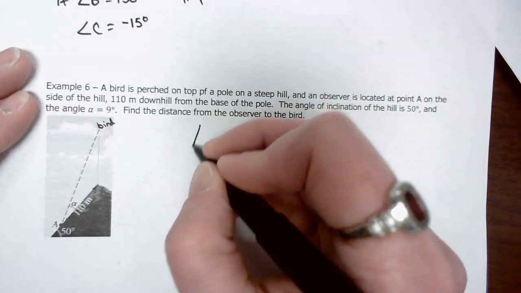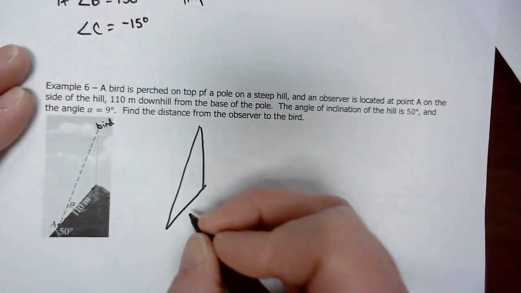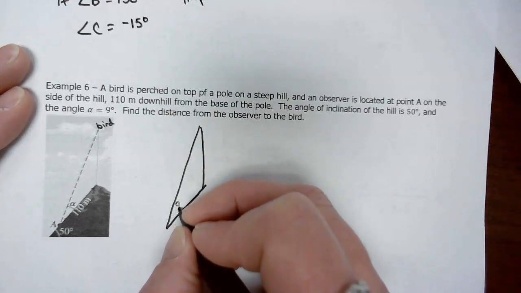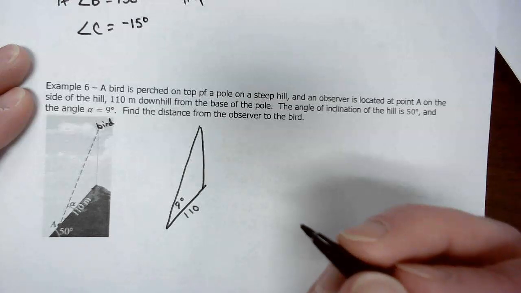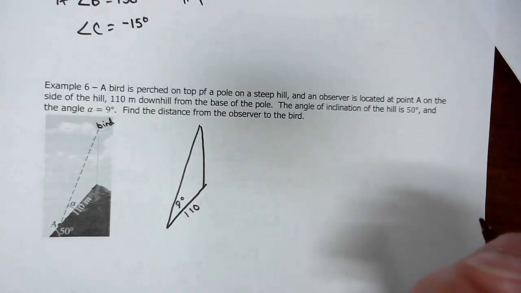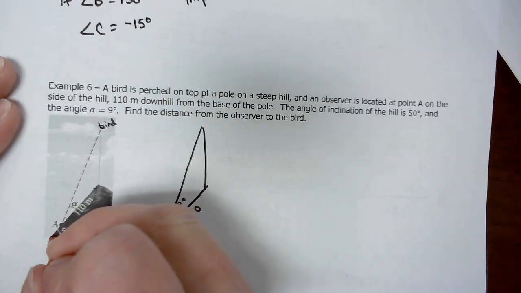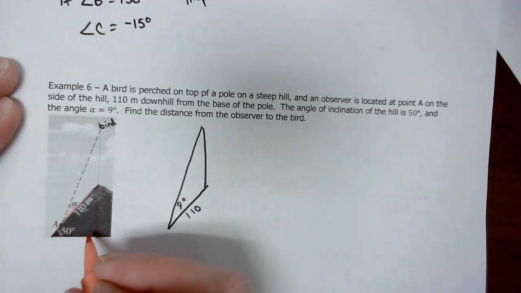So I'm going to just redraw this little triangle. This is 110. This alpha is 9 degrees. I need some more information. I need at least something else. So I want to show you something interesting. This right here is actually a right triangle.